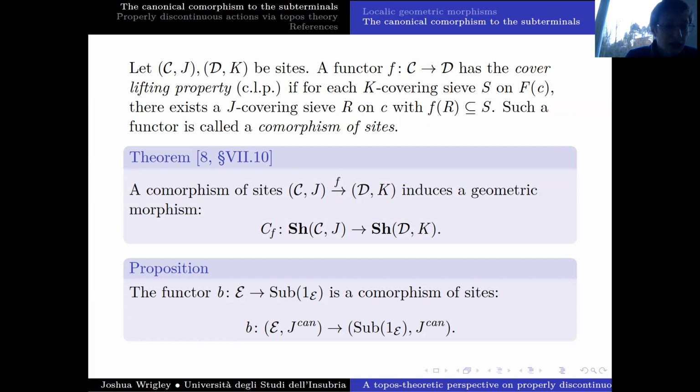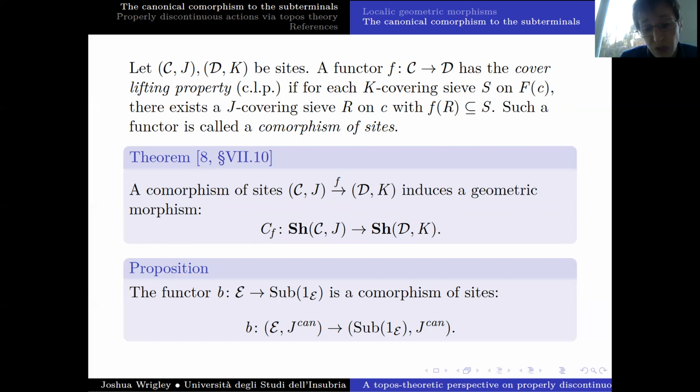It follows quite easily, by taking pullbacks in E of jointly epimorphic families, that this functor that we've just described, the canonical comorphism to the subterminals, is indeed a comorphism of sites.